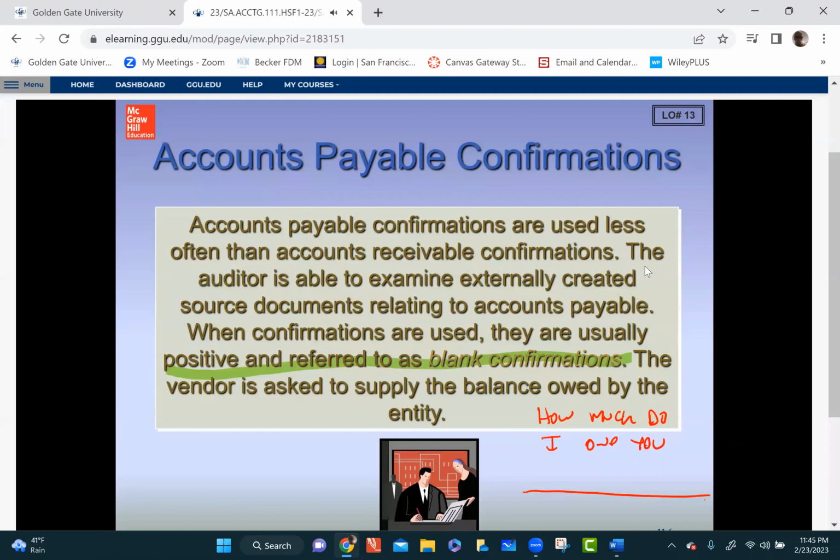Now, let's say somebody sent you a letter like that and said, how much do I owe you? What would your reaction be? You're an idiot. You should already know. Well, okay. But would you say, well, gee, this person thinks they owe me money.